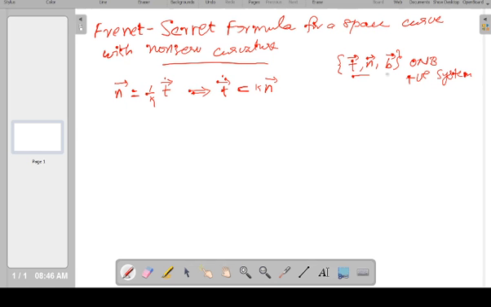T cross n is B, n cross B is T, and B cross T is n.